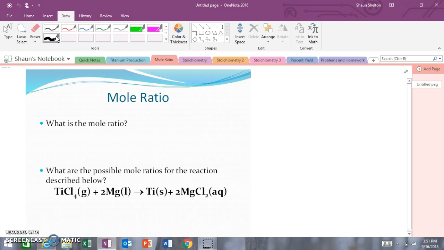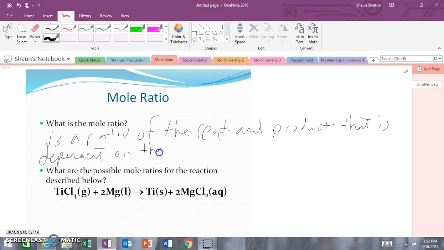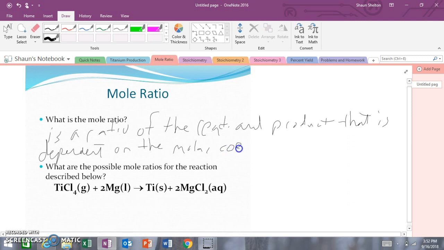A mole ratio is a ratio of the reactants and products that is dependent on the molar coefficients of the balanced equation.